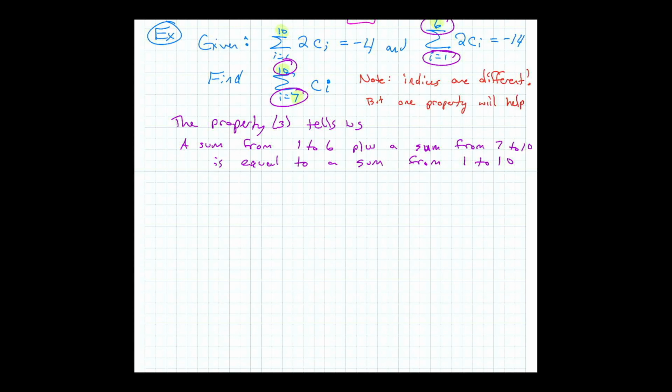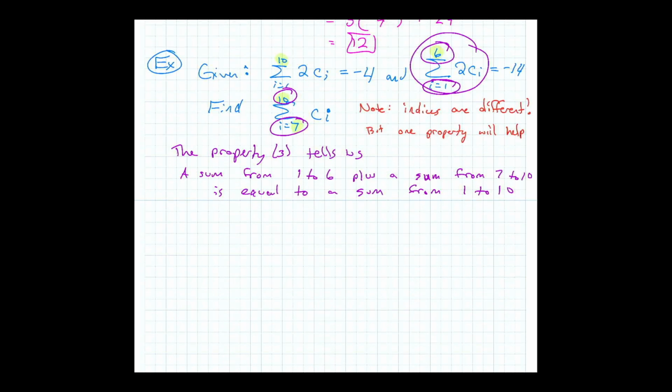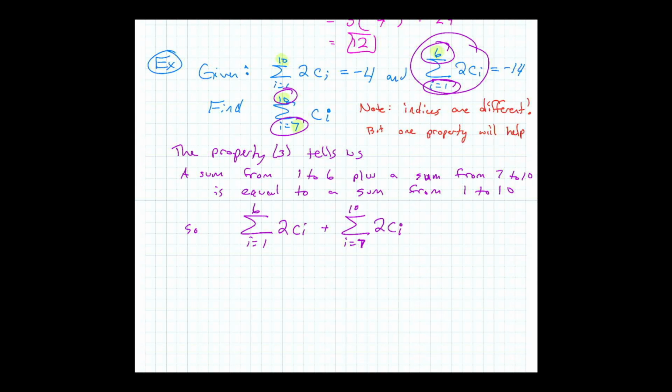So in notation, here's what that means. So we've got this one right here. The sum, i goes from 1 to 6 of 2ci, if you add that to the sum from 7 to 10 of 2ci, right?